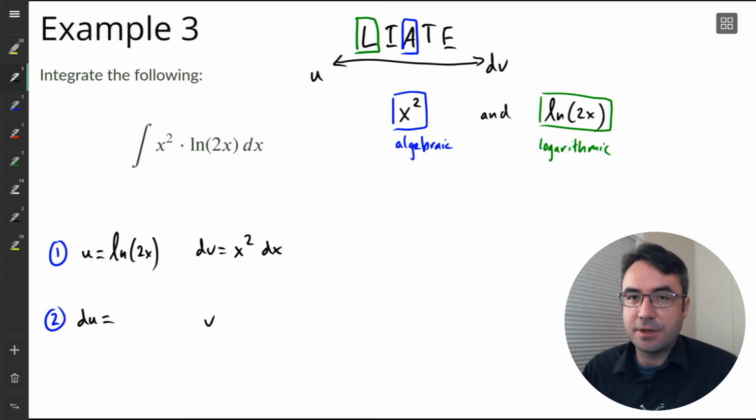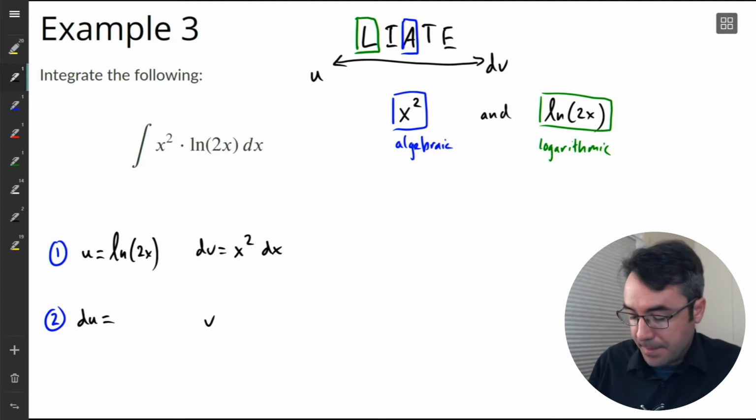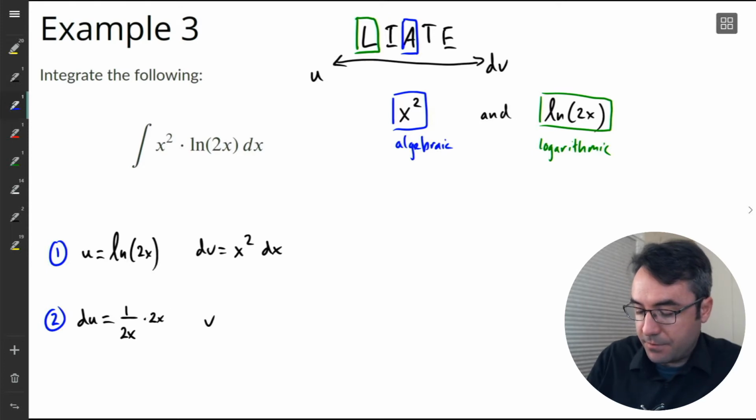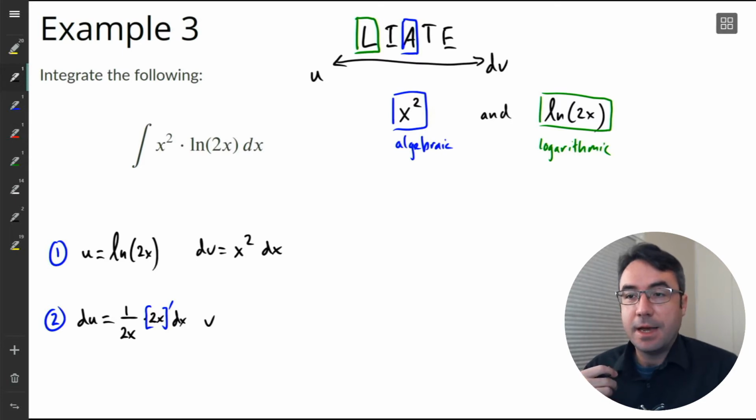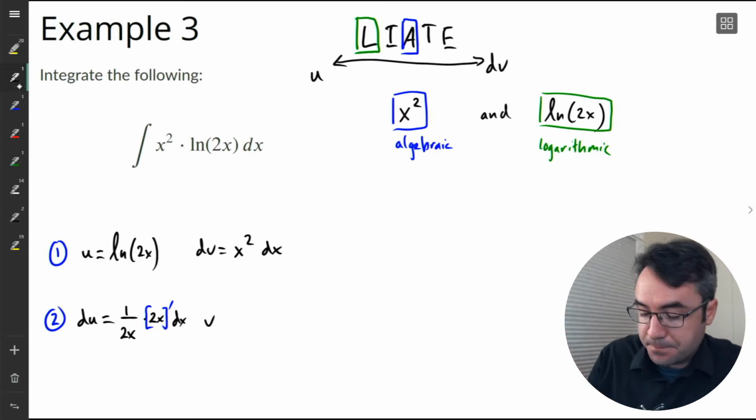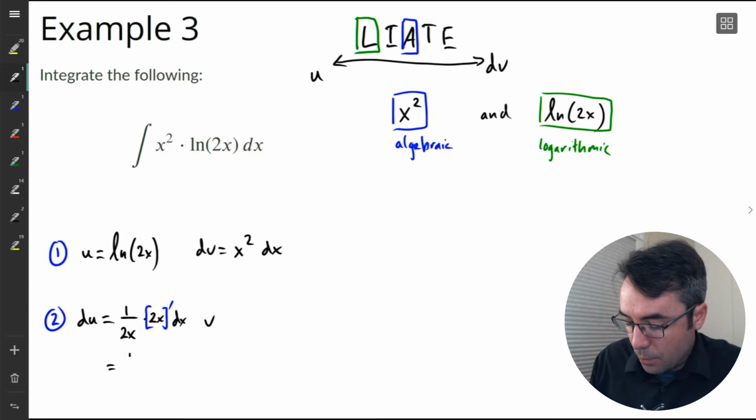It's not just natural log x, it's natural log 2x, so a little chain rule comes in. The derivative of the outer function is 1 over 2x, and then we multiply by the derivative of the inner function, the derivative of 2x. And we also multiply by dx because we're calculating a differential. Clean that up: the derivative of 2x is 2, and then the 2 cancels with the 2 in the denominator. So we end up with 1 over x dx for our du.